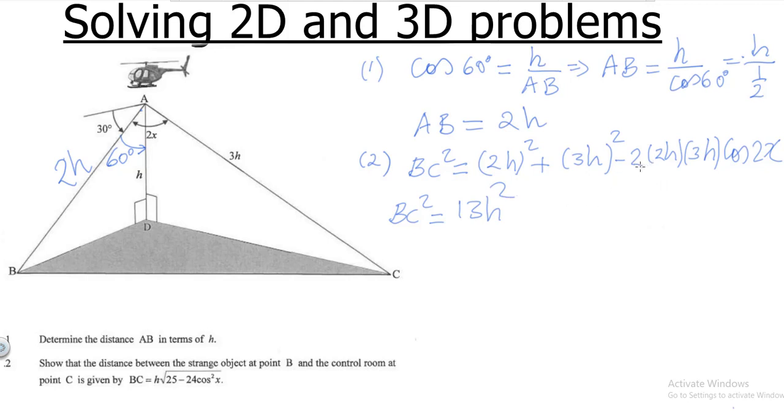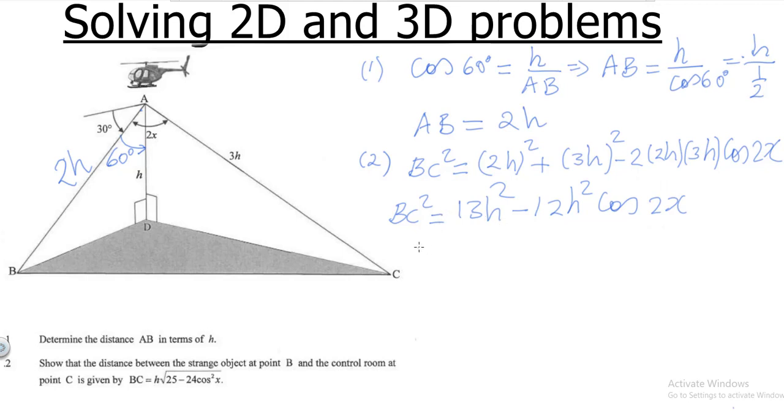If we multiply here, minus 2 times 2h, minus 4h, multiplied by 3h will be minus 12h squared, and the cos 2x. So we're going to continue.